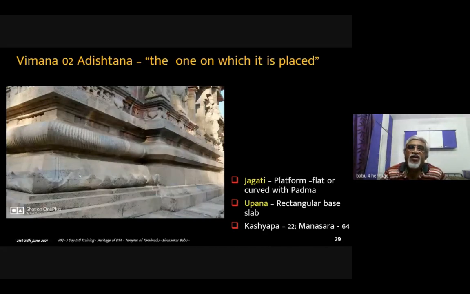What is the function of the Adhisthana? It takes the load of the entire temple and distributes it to the platform or to the ground. As per physics, pressure is a function of area.